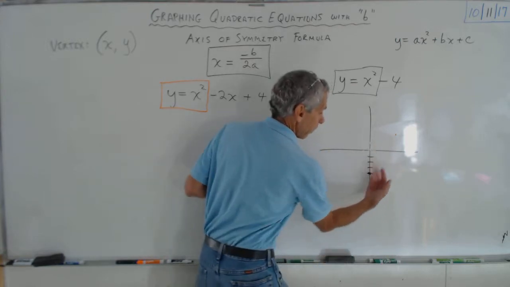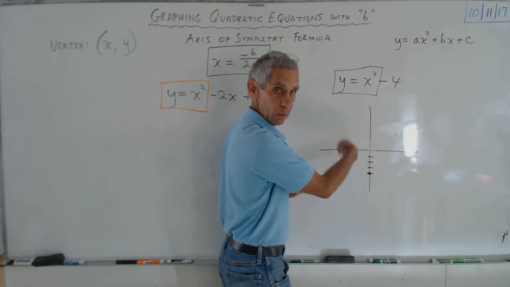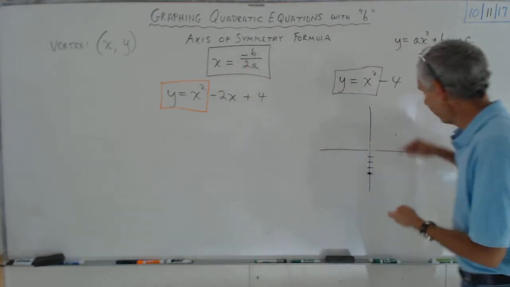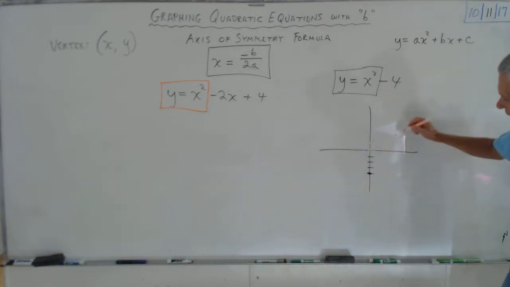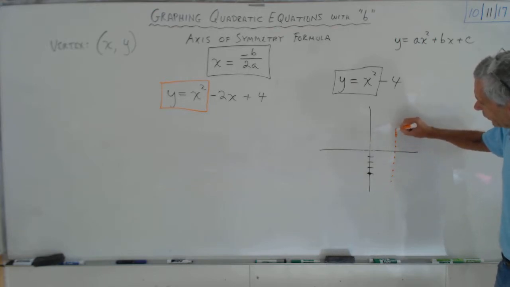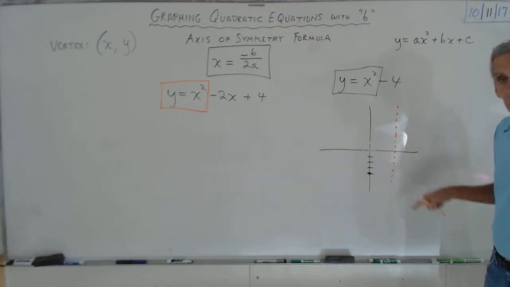If I brought this side of the parabola over here, it would line up perfectly with the parabola over here. It's symmetrical. So if that had been where the vertex was going to be, you'd have an axis of symmetry right there, a dashed line. The vertex has to be on that axis of symmetry.